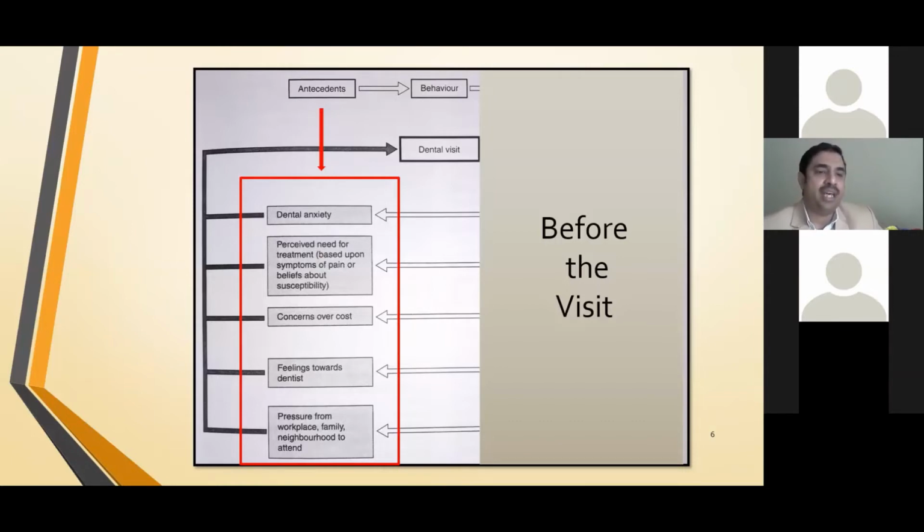So when would you think the need for treatment will come? When the pain is not relieved by the painkiller from the pharmacy, and then the patient will come to you because now the treatment needs have arisen. The patient now perceives that I need to go to the dentist. This is very important because different people have a different thought process and different pain perceptions.